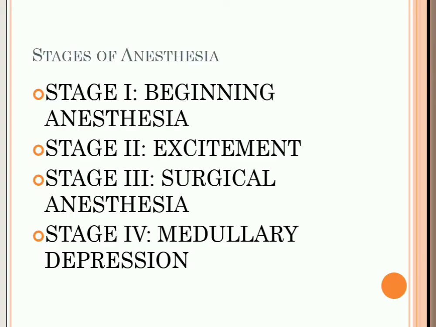Analgesia, relaxation, and reflex loss. Your patient now under general anesthesia are not arousable even to your painful stimuli. They lose the ability to maintain your ventilatory function and they require assistance in maintaining a patent airway. Your cardiovascular functions may be impaired as well.